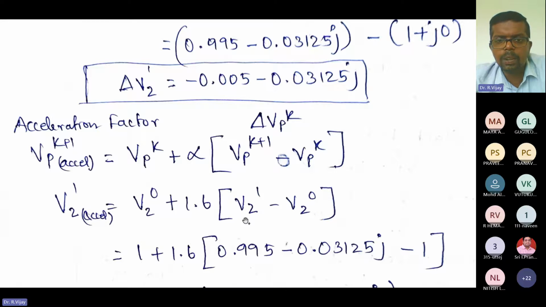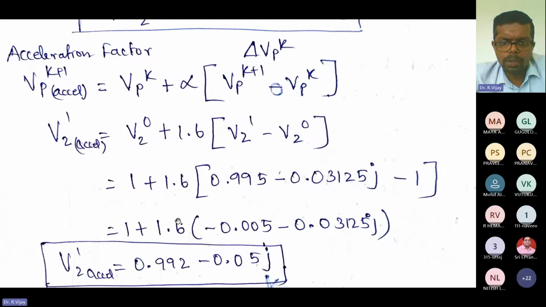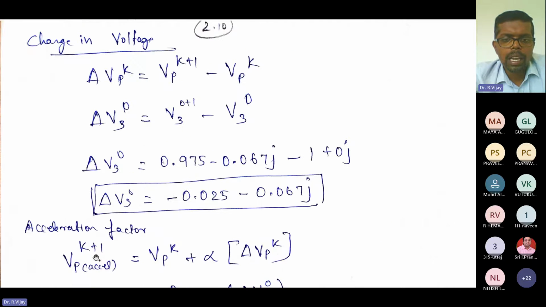So directly you can take the answer here, and you substitute alpha is equal to 1.6 and V2 naught is equal to 1 at the angle of 0 degree, or 1 plus j0. So simply I have taken it as 1. With further simplification, you will get the answer as 0.992 minus 0.05j. That is the V2 accelerated value, or V2 new value. This value you got.